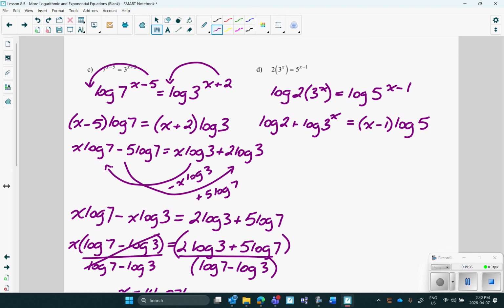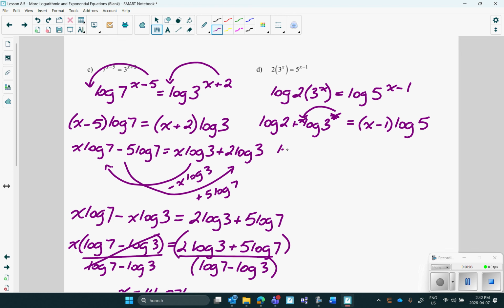You have to use another log law to separate those from each other. Now I can pull this in front and make it x. Okay? So when you see this, you're going to have to separate it into 2 logs being added, because when they're multiplied and you separate it out, it becomes addition.